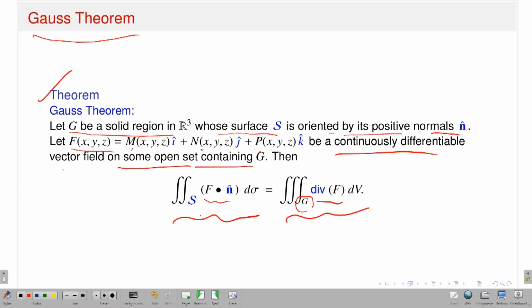Again, you can see that this is also a kind of fundamental theorem, because you have a solid region in R3. The divergence theorem says that the integration inside, that means in the solid region, is exactly equal to the integration over one dimension less, that means on the surface.